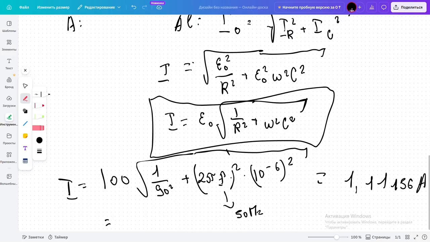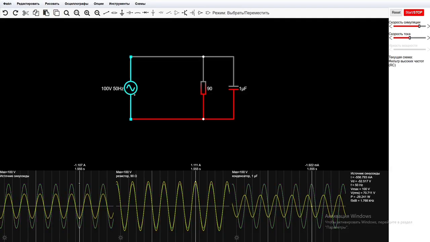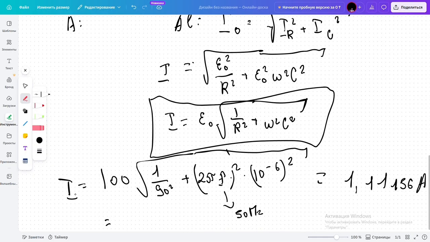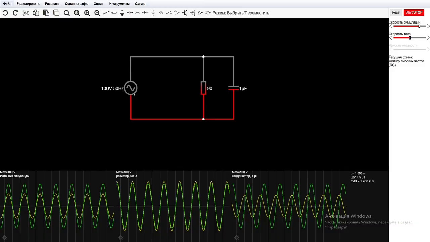So let's check it now in the graphs. We got the source current, so we need to check in this graph because it's all about the source. Here we got the peak current, and we need to check the yellow one. The yellow one is about current, the green one is about voltage.